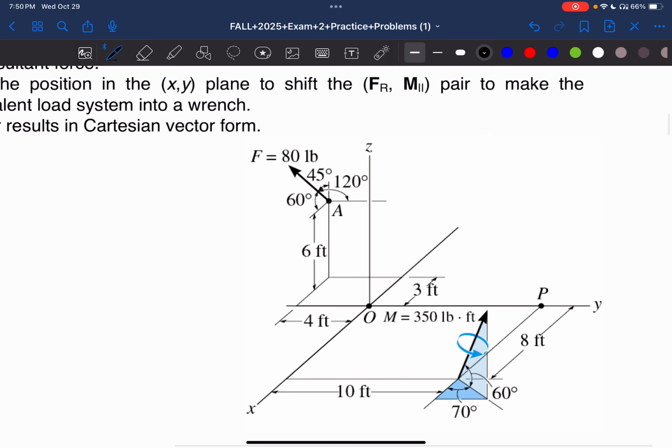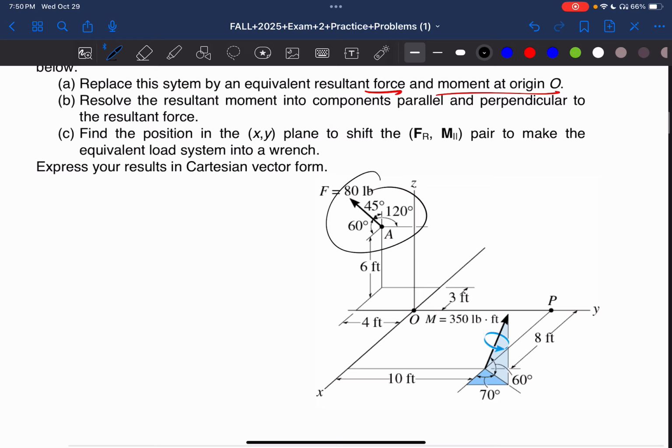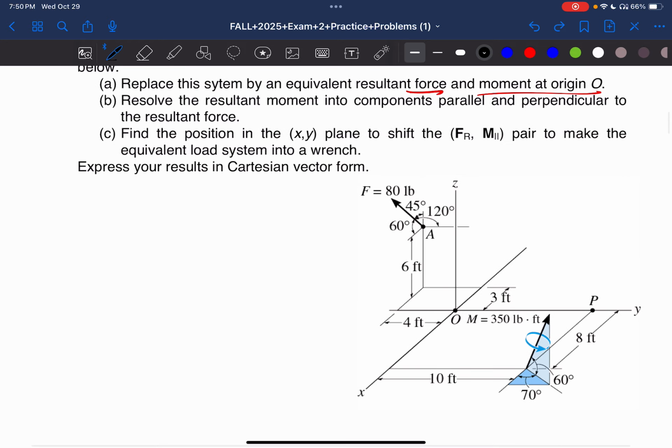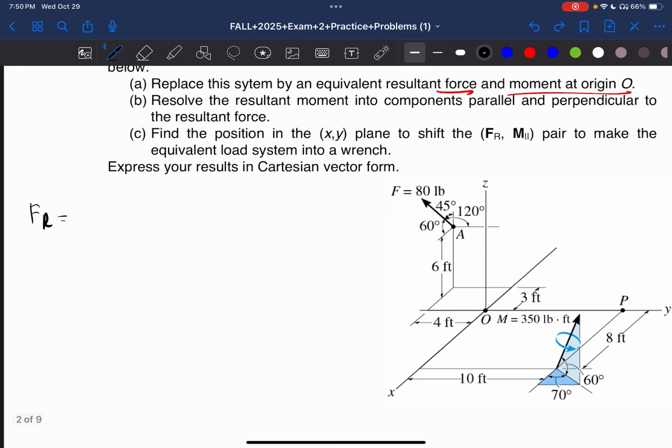I mean, the resultant force is just going to be this, right? Yeah, that's going to be the resultant force. It's going to be the sum of the forces, and there's only one force, so the resultant force at origin O is just going to be the sum of this, which we can write out. Force resultant is going to be equal to force, which is 80, along the x-axis.